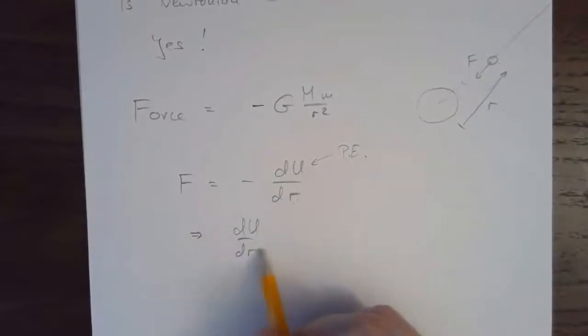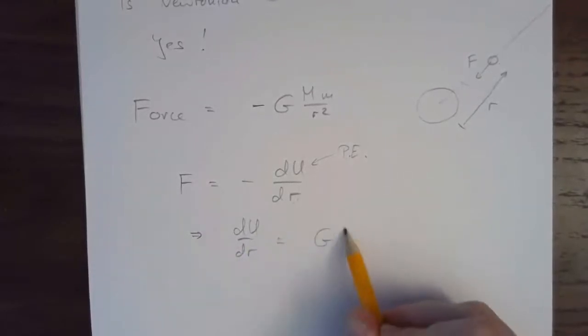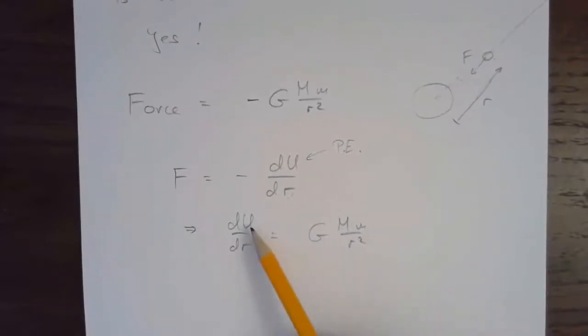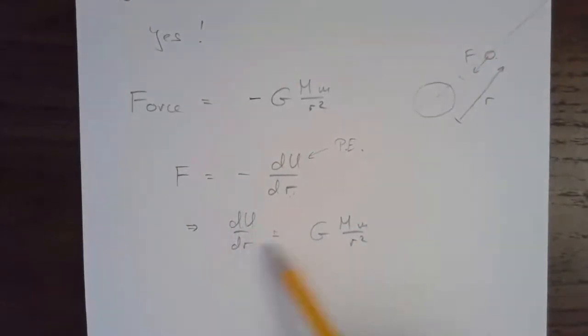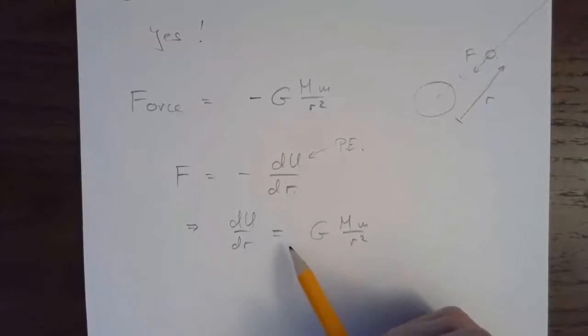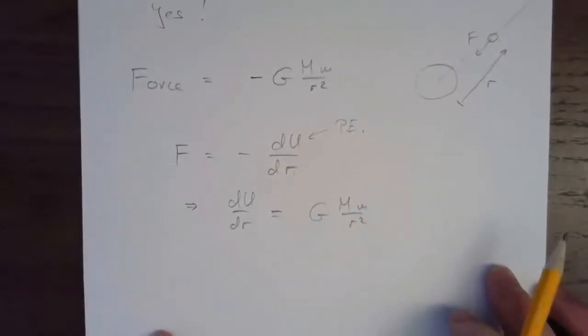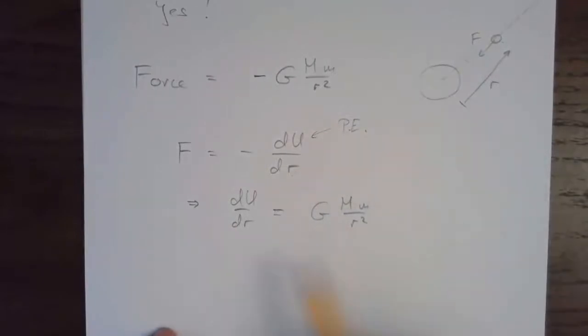dU/dr is equal to GMm over r squared. Now, how do I find U if I know that its slope, its derivative, is equal to this? Well, technically what we do is we integrate, and we can do this as an indefinite integral. But if you don't know how to integrate because you've just taken your first calculus course, you just started your path into calculus, that's okay, right?